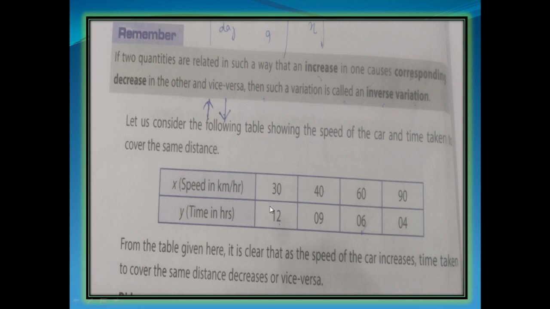But when we increase the speed, we will take less time. Same here. Now we have increased speed from 40 to 60, and time taken is 6 hours. Then we increased speed to 90. Then time again will decrease.